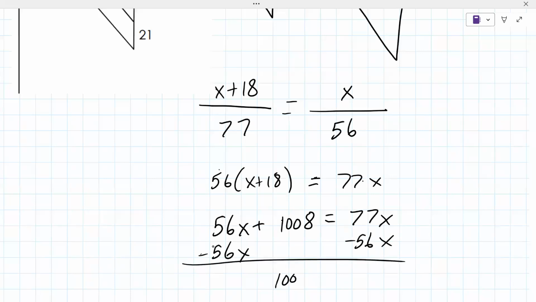Okay, so 1008 equals 21x. Then you divide by 21, both of them. Yes, so go ahead and do that.